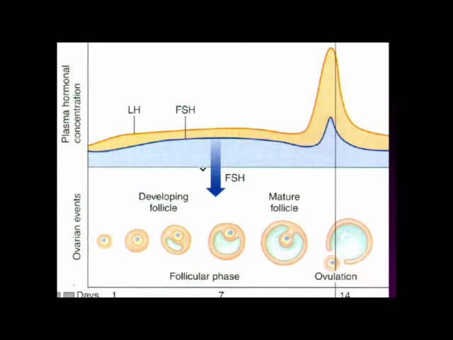It's a good point. By definition, the first day of menstrual flow, the period, is day 1, and typically it's about the first 3 or 4 days of her cycle. Right, what it is, the menstrual flow is the endometrium, the inner lining of the uterus from the previous cycle.